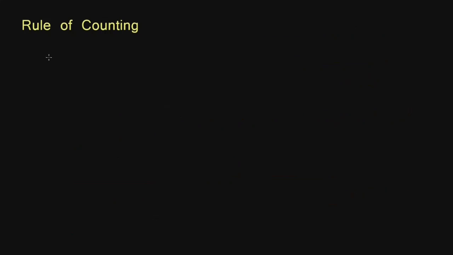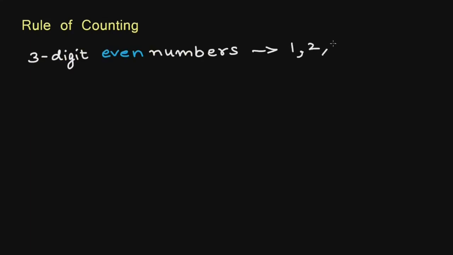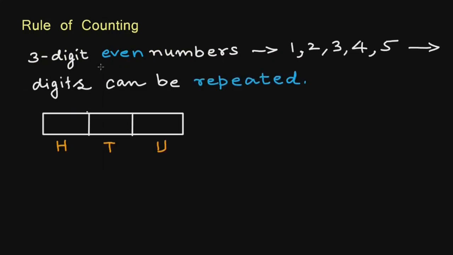We have to find how many three-digit even numbers can be formed from the digits 1, 2, 3, 4 and 5 if the digits can be repeated. Since even numbers are to be formed, the units place must be filled with 2 and 4 only. So the units place can be filled in 2 different ways.